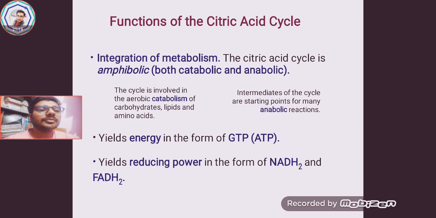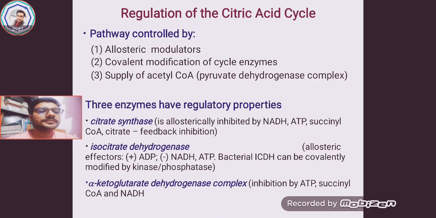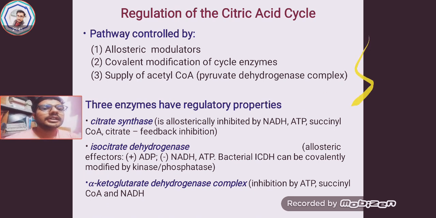It yields energy in the form of GTP, and yields reducing power in the form of NADH and FADH2. The regulation is done by allosteric modulators, covalent modification of cycle enzymes, and supply of acetyl coenzyme A.